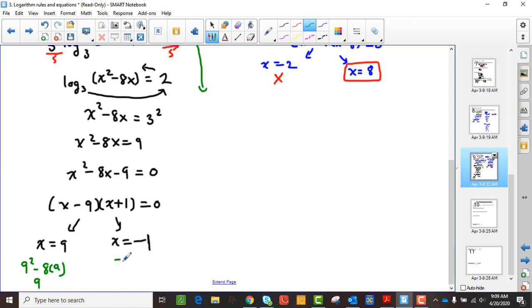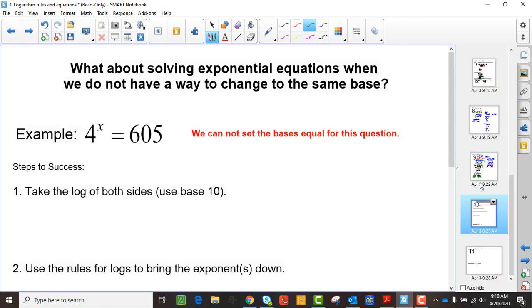If I do minus 1 squared minus 8 times minus 1, I'm also going to get 9. So that means they both work. They're both solutions. They don't give me negative values, so I say they both are okay. If either one of them was negative, they would not be okay. And that's the important thing to understand.